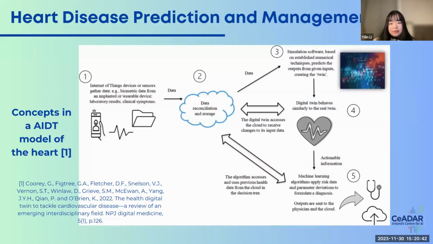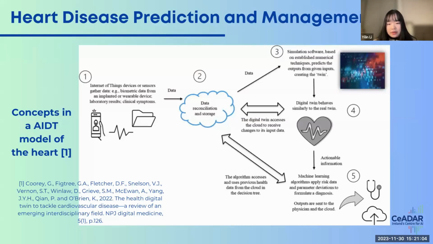Okay, let's dive into the concept in this AIDT model of heart disease. Like showing in the picture, the process begins with data collection, the cornerstone of any AIDT.